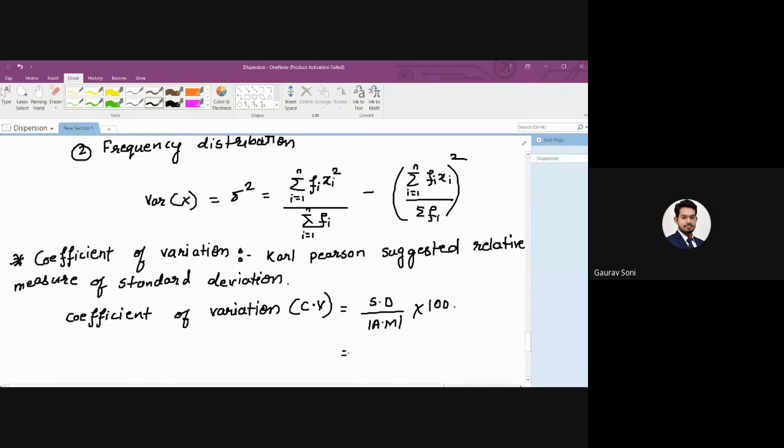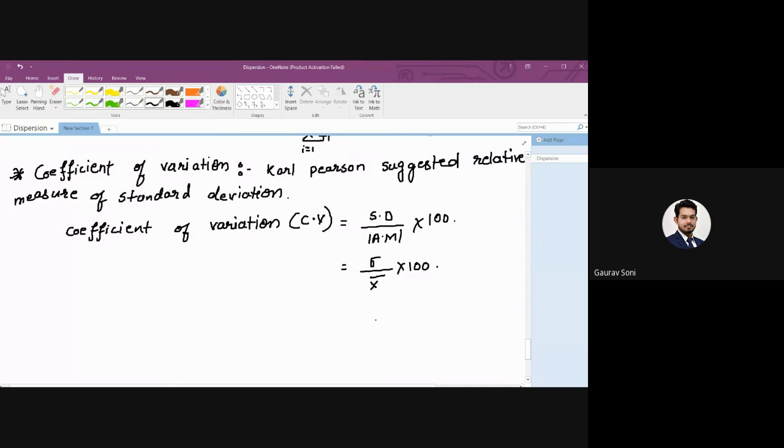So by notation, this can be written as sigma upon x bar into 100. In this case, we are actually looking at the percent. So more the percent will tell me more variation is there. Yes, less the percentage, it will tell me the variation is less.